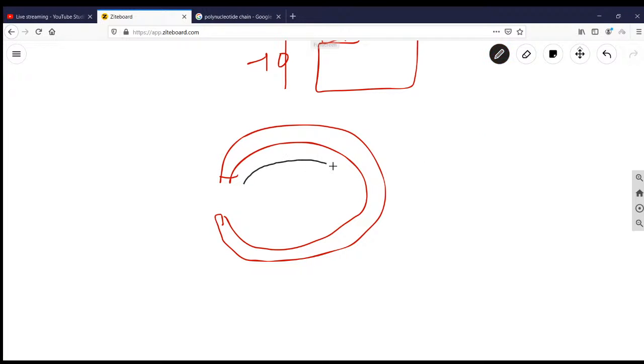Now this is the promoter DNA inside. The enzyme will close the jaw. This is the DNA. This is the RNA polymerase.